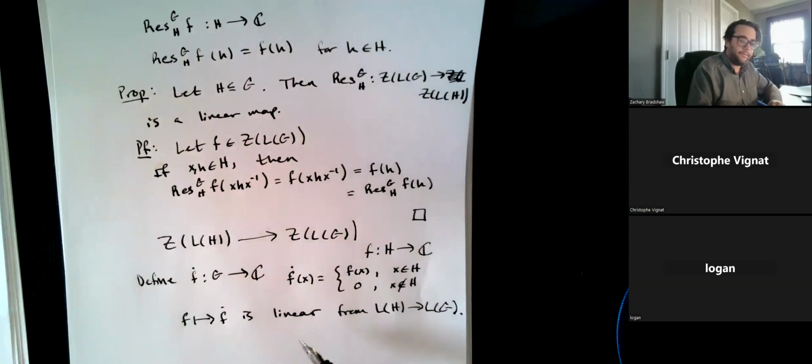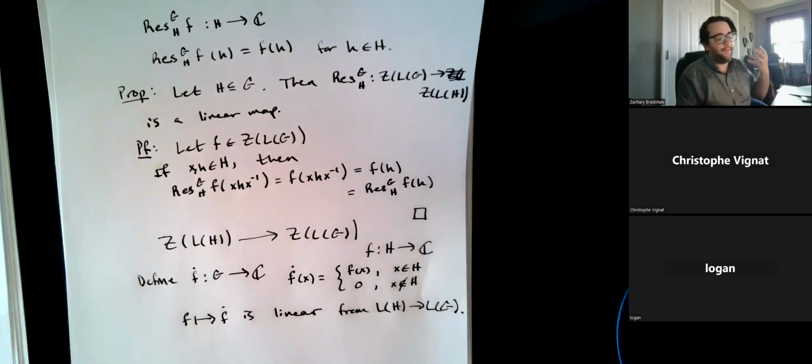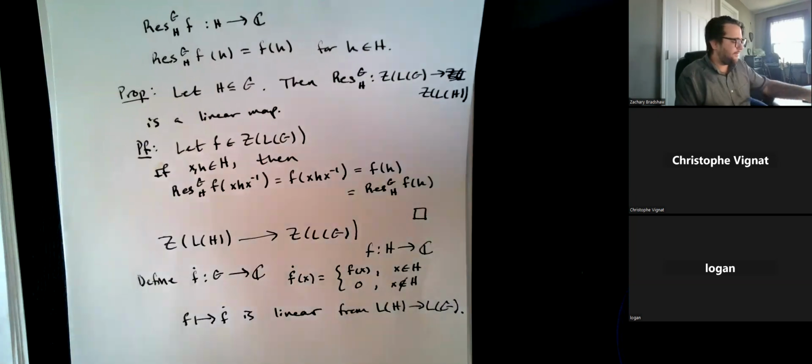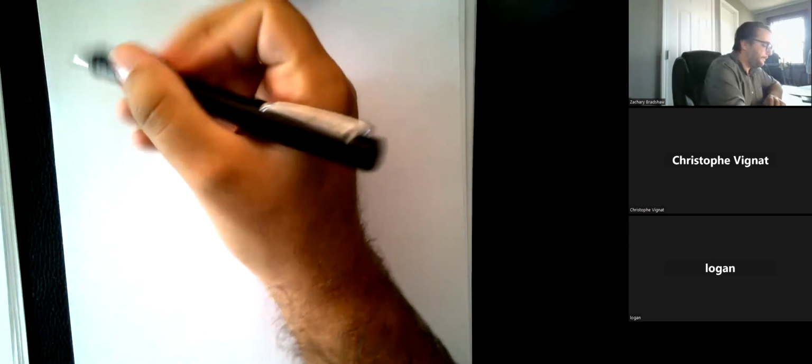So we have a map on the group algebra level, and now we want to move to the class function level, which is the same as the, what's it, the commutant, the centralizer. That's what it is for algebras. The centralizer of the group algebra.